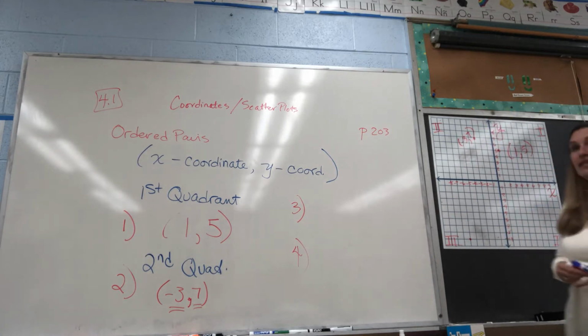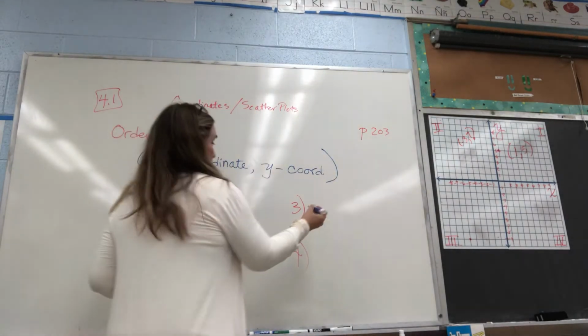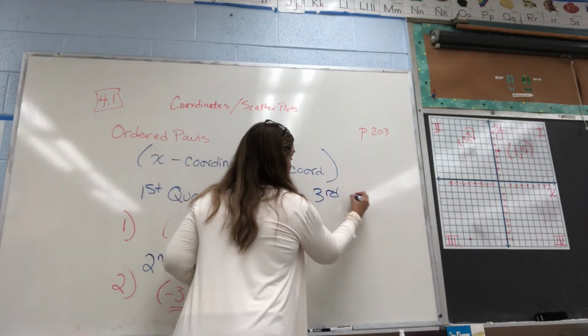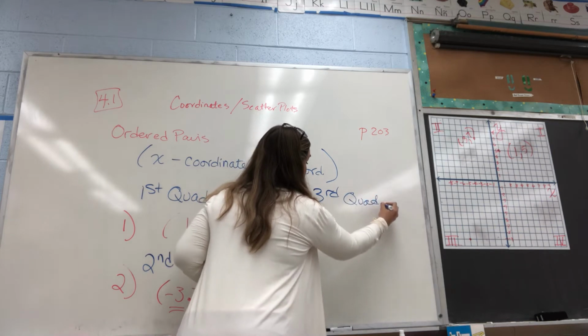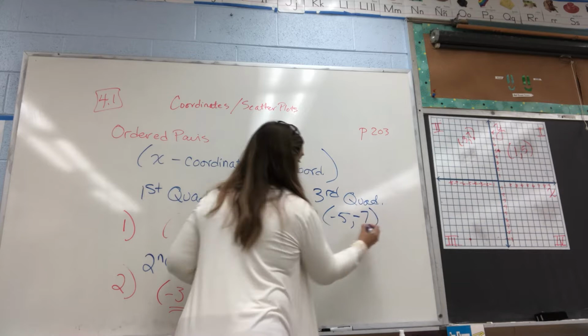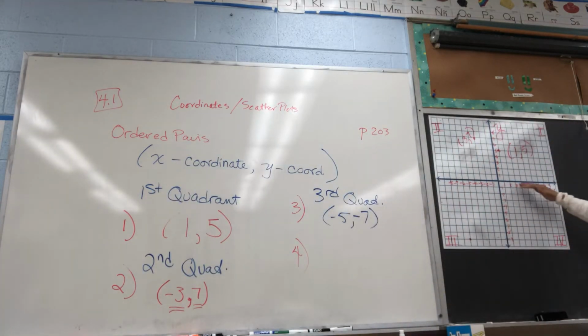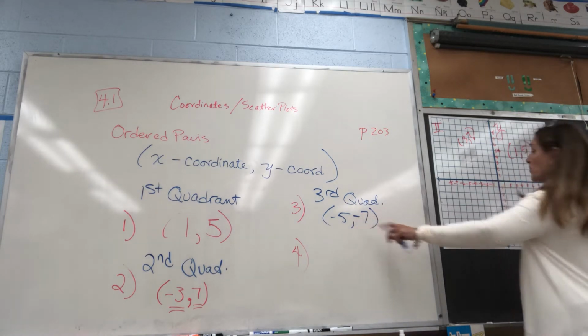Find me something that lands me in the third quadrant. Okay, Max. -5 and -7. Okay. Let's check it out. So Max is telling me to go -5 on the x or y? Where does the -5 go? X or y?